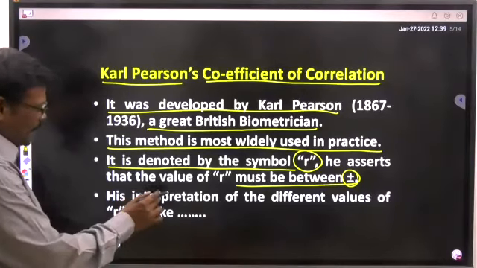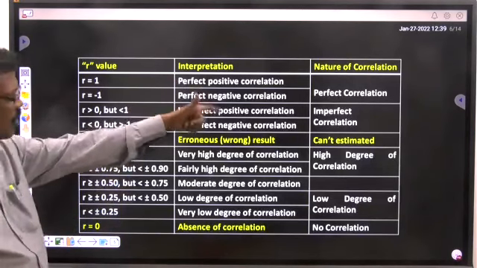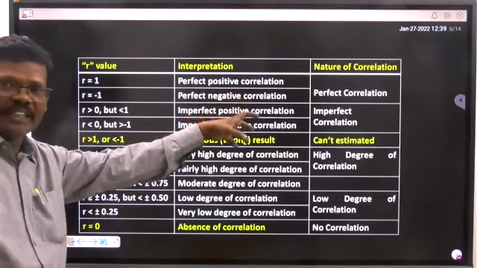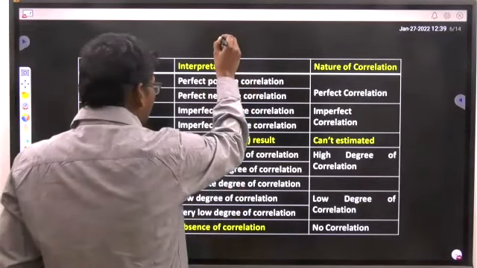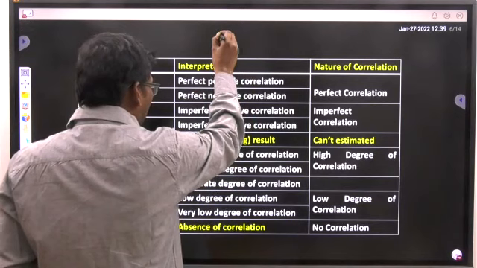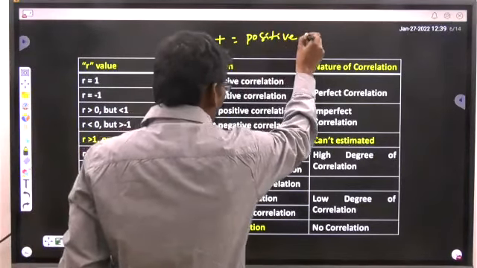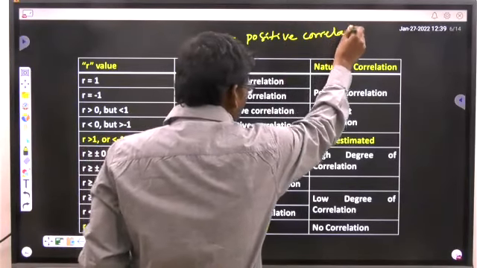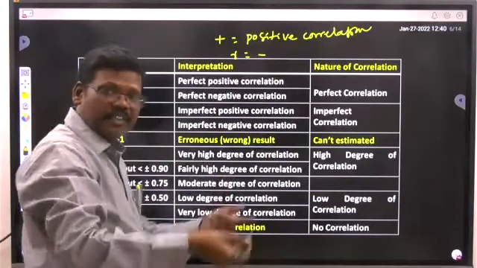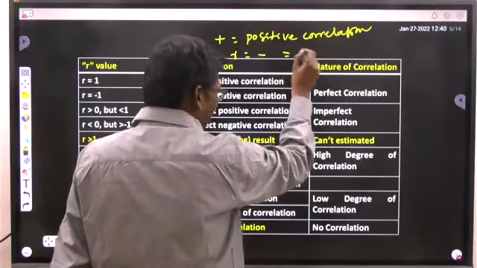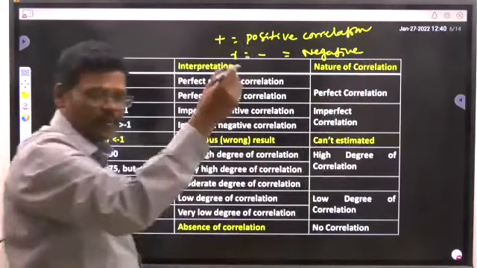The interpretation of the different values of R is like this, what we discussed already. This table also we discussed in the last class. If the value is positive, that is in the plus, we can say that there is a positive correlation. If the R value is negative, that is a minus value, we say there is a negative relation among the variables.